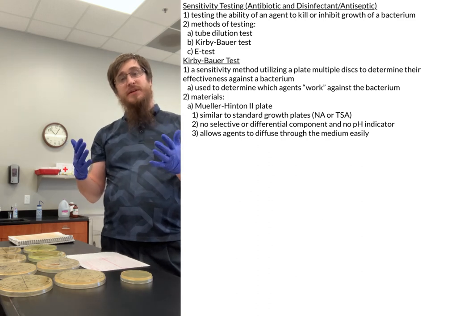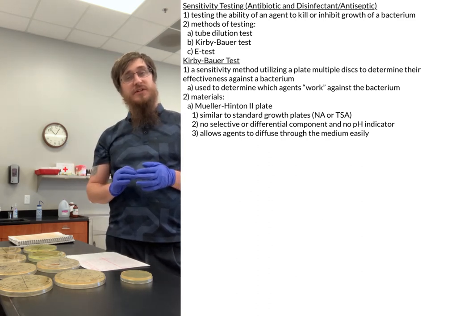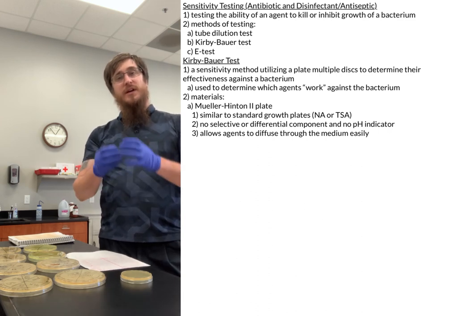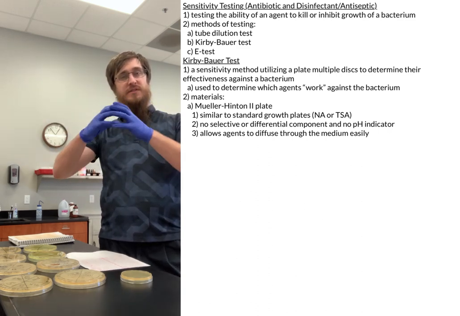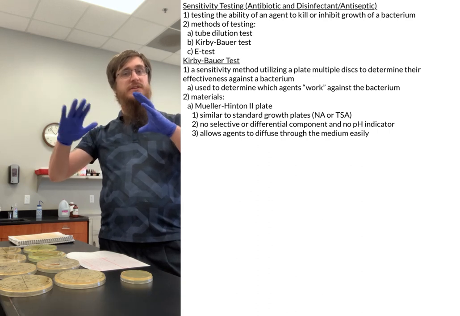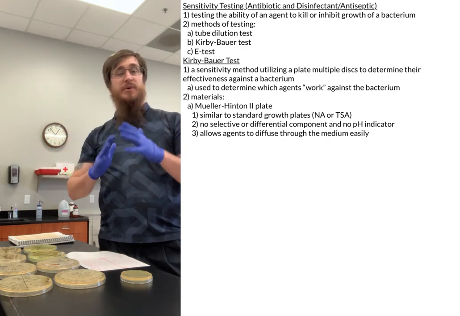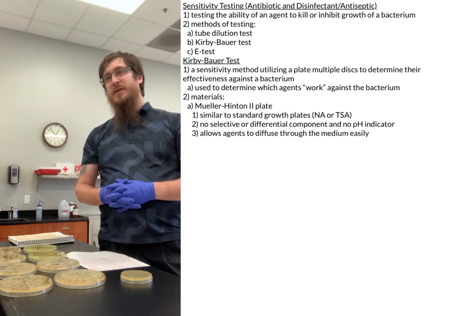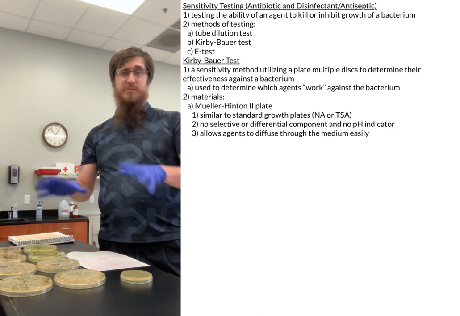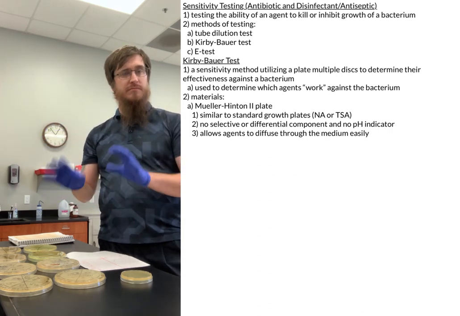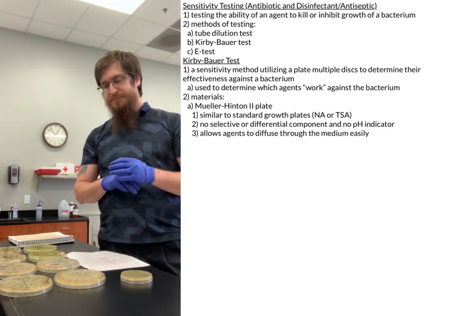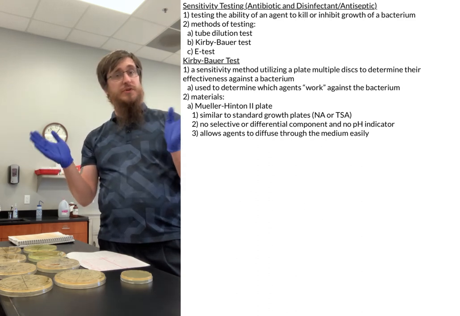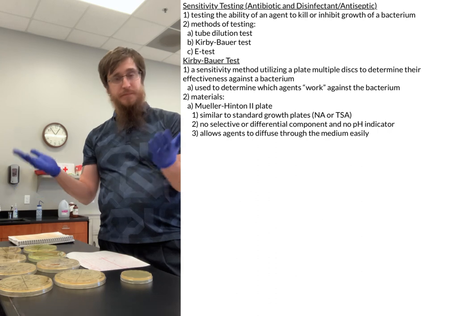So what ends up happening is that we're going to put our little discs on it that have these different antibiotics, disinfectants, and antiseptics, and it fuses into the media and creates kind of a ring around the disc where this agent now is. And because of that, it's just a little bit better of a medium to do this sensitivity testing with. You can use standard growth medium, but the Mueller-Hinton 2 agar is the most preferred way to do it. So, long story short, you need a Mueller-Hinton 2 plate, preferably the big one.